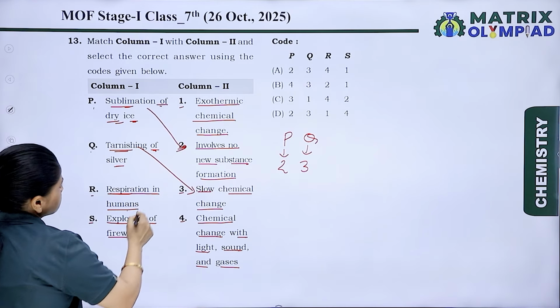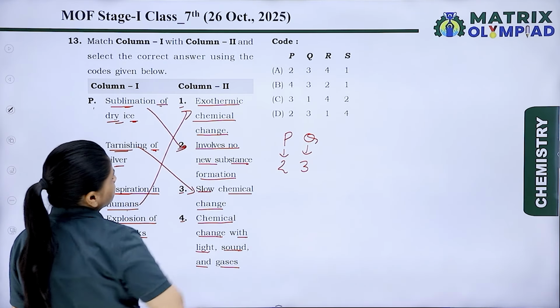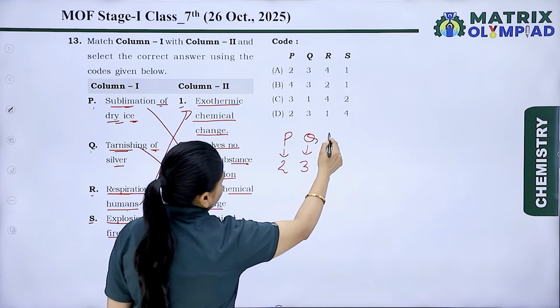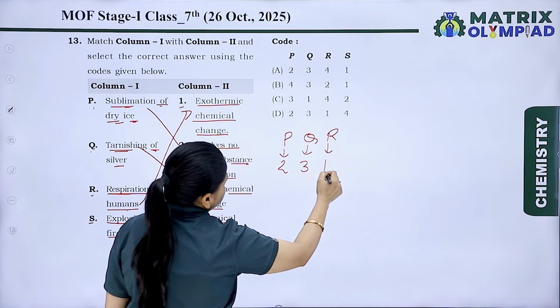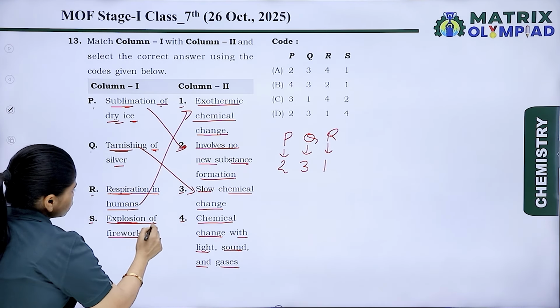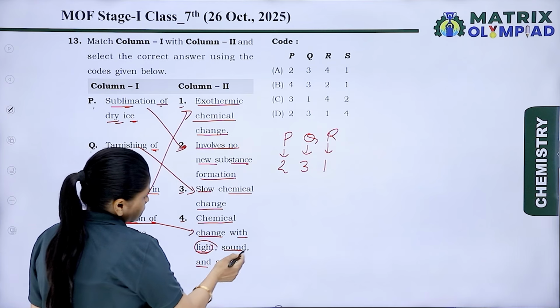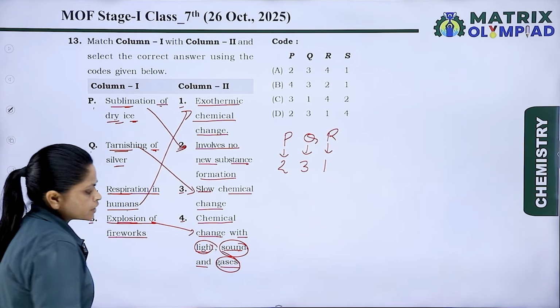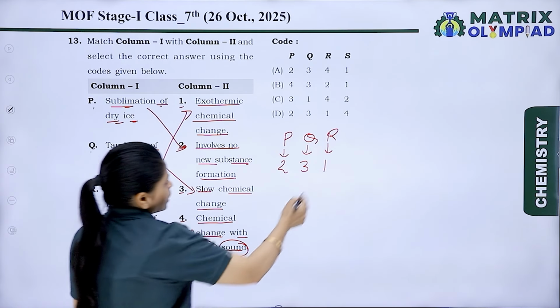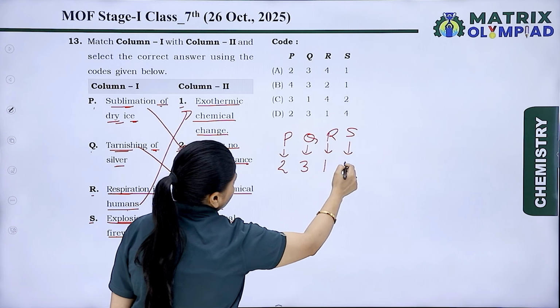Respiration in humans, this is an exothermic chemical change, so R matches with first. Explosion of fireworks, it is a chemical change with light, sound and some polluted gases, so S matches with 4.